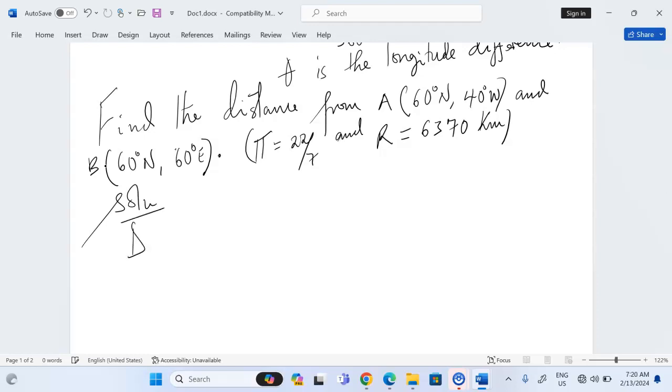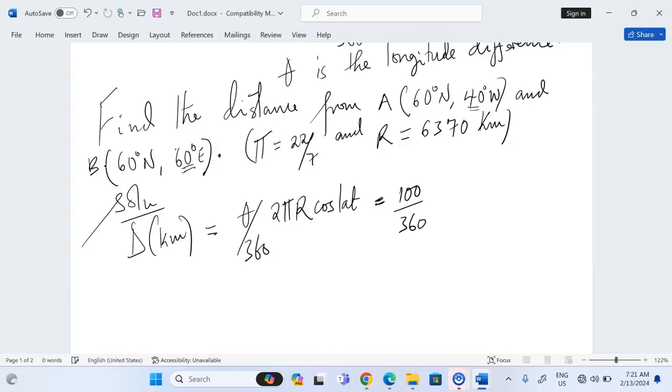we have distance in kilometers given by theta over 360 times 2 pi R cosine of the latitude. Theta is going to be the longitude difference from 40 degrees west to 60 degrees east. We have an angle difference of 100 over 360 times 2 times pi times R, 6370, times the cosine of 60, because the latitude where the two places are is 60.